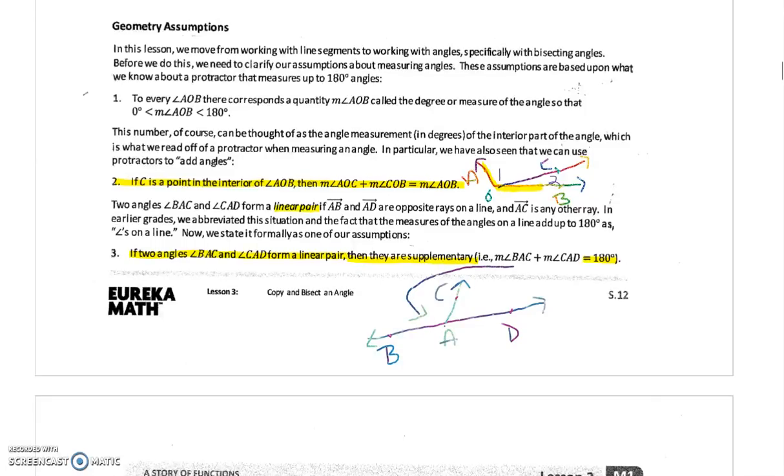Here is BAC, and here is CAD. Do y'all see them in here? These angles right here. This is one, and this is the other. Those two angles add to 180. How do I know that? Well, they form a line. Angles that are adjacent and on the line together, adjacent and add to 180, form a linear pair.